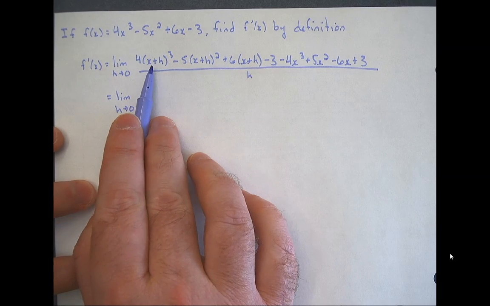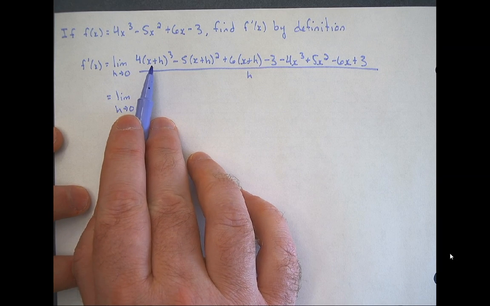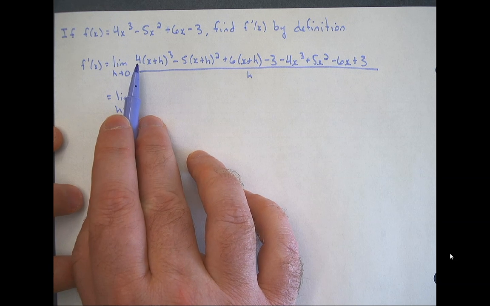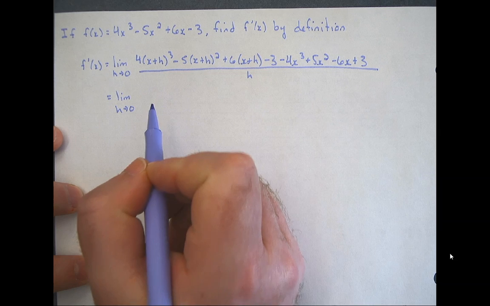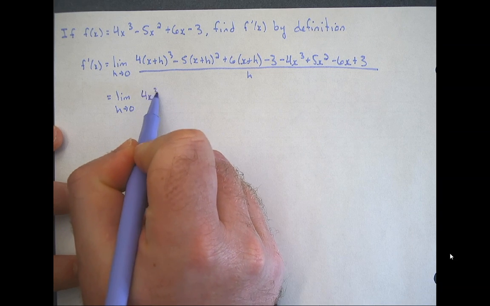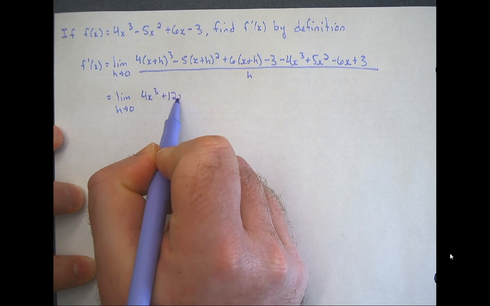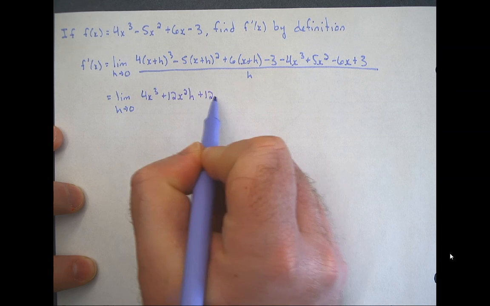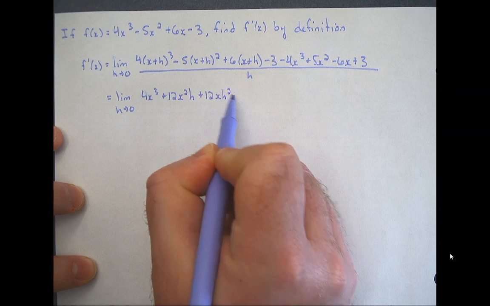So this is a Pascal's triangle. You remember that from the end of first semester. This is a 1, 3, 3, 1 row, but we have a coefficient of 4, so that becomes 4, 12, 12, 4. So we would have 4x cubed plus 12, and remember the x goes down by 1 and the h goes up by 1. Another 12, the x goes down, the h goes up.